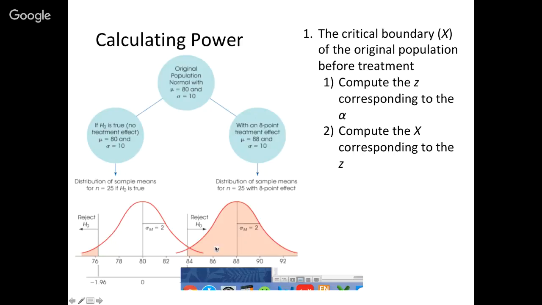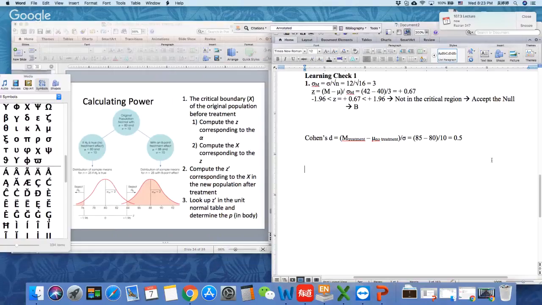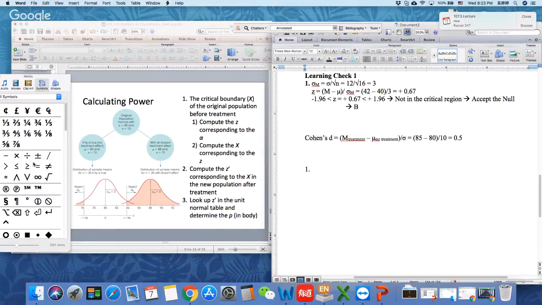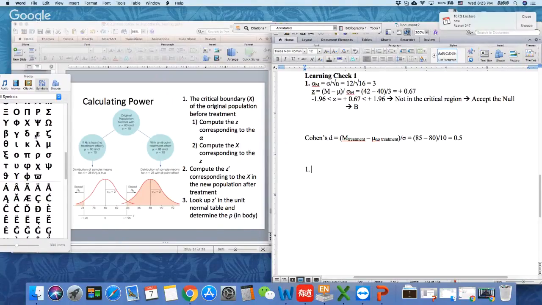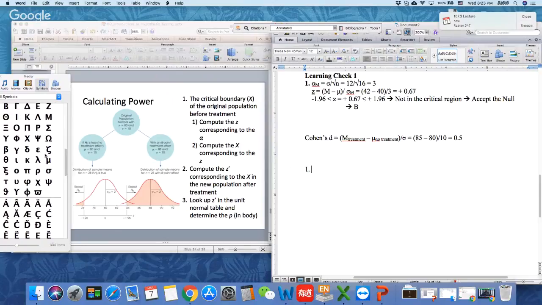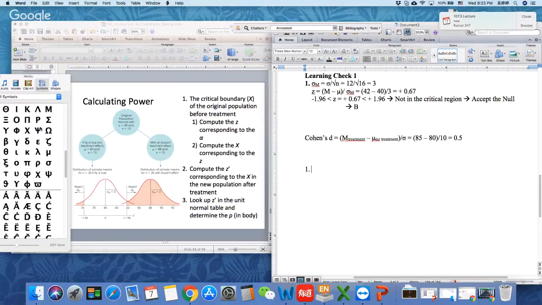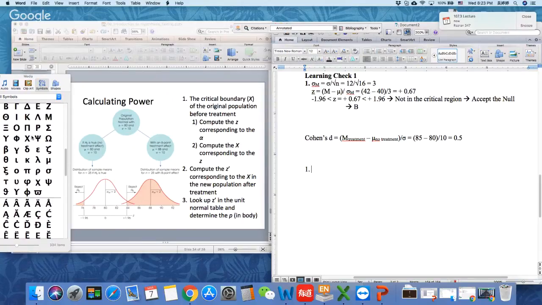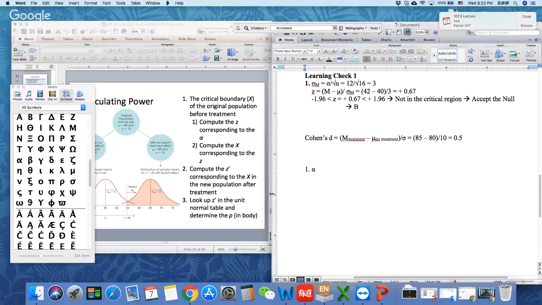First step: we know the alpha. Here's my alpha, alpha equals 0.05, that's what was predetermined.